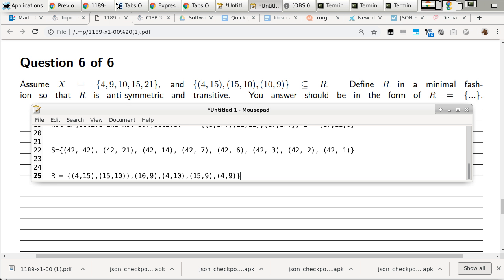So that means A, which is 4, R 10, also has to be in the set. So that's how I know that (4, 10) has to be added. And you just go through every single one of those, but after you add (4, 10), then you also have to combine (4, 10) and (10, 9) to know that 4 has to relate to 9, so (4, 9) has to be added too.